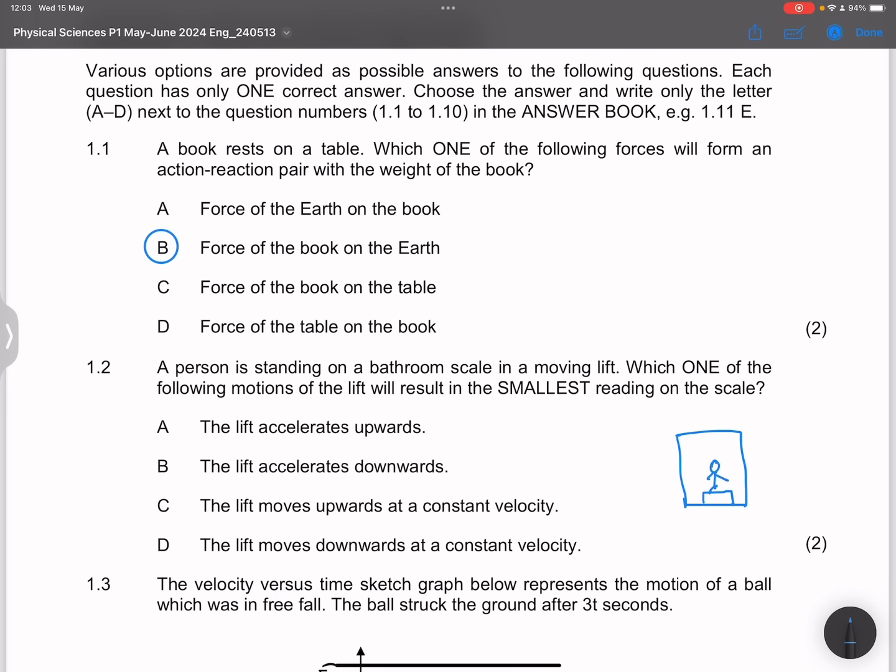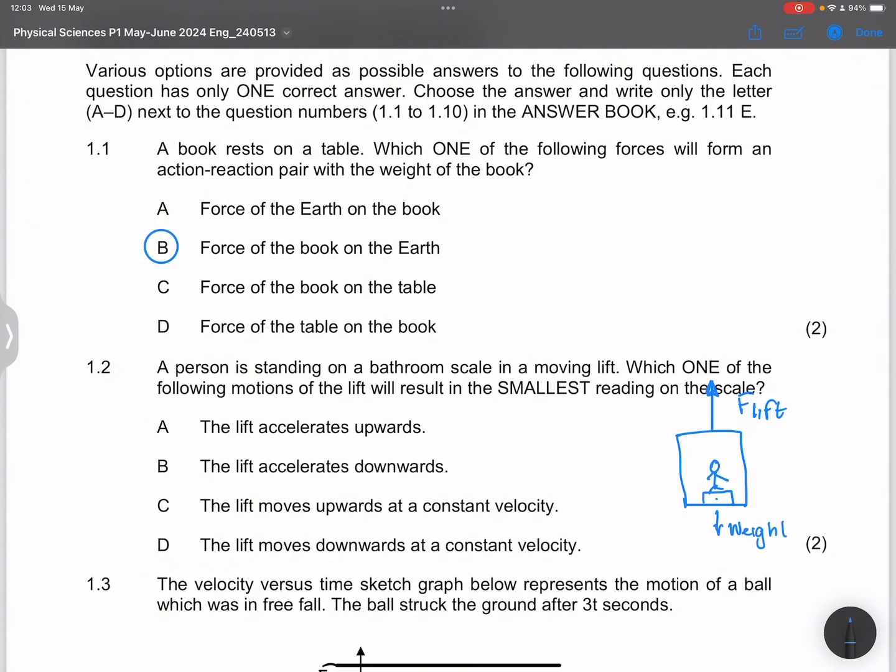If the lift is stationary, the force read on the scale will be the weight of the person, or if the lift is moving at constant speed. But once the lift accelerates upwards, this is the force that is exerted on the lift, and this would be the weight.